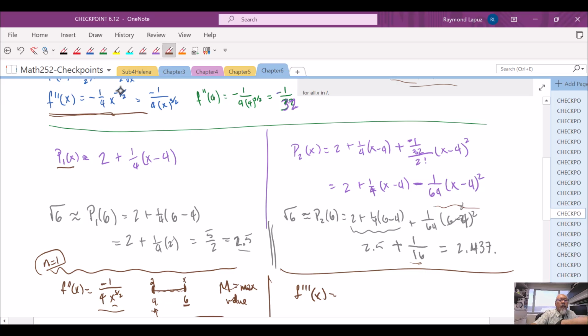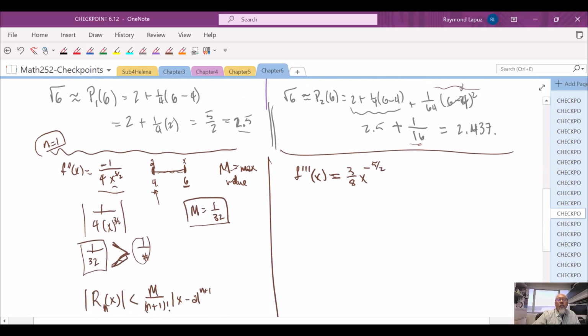So this is going to be 3/2 times 1/4, negative, negative, so that's going to be a positive 3 over 8 x to the minus, and then we'll subtract 1 again, so that will give us negative 5/2.